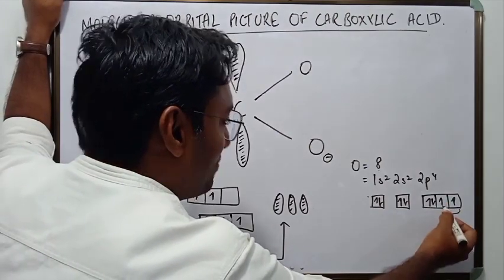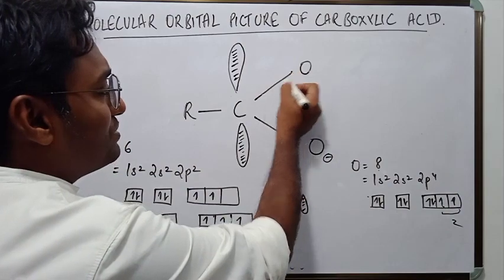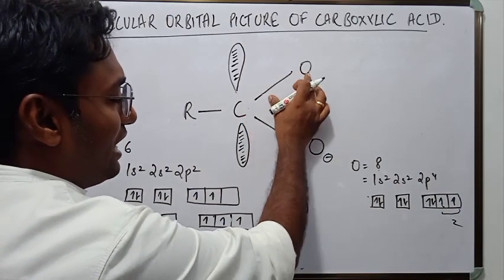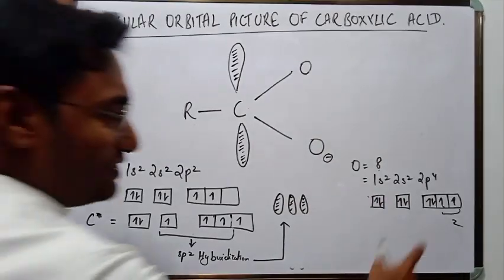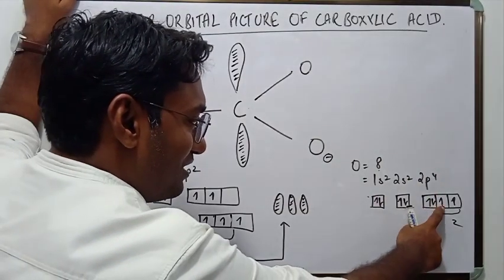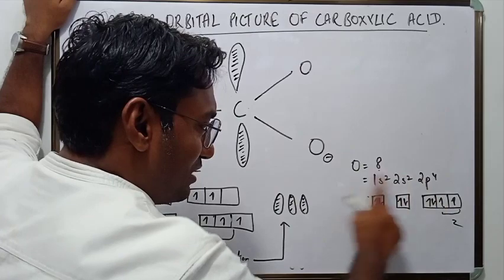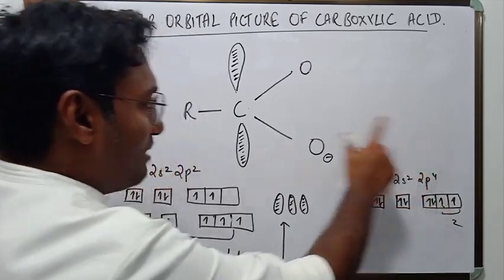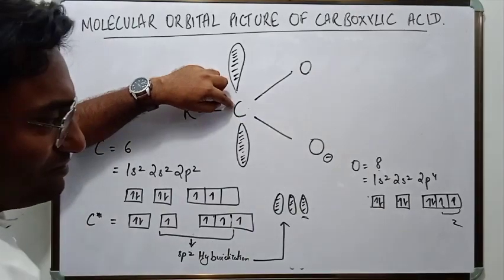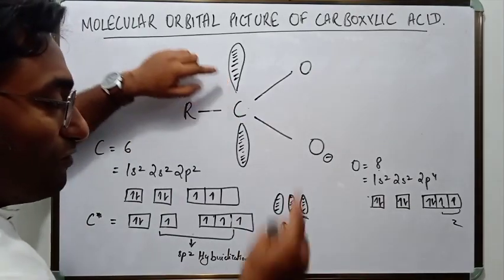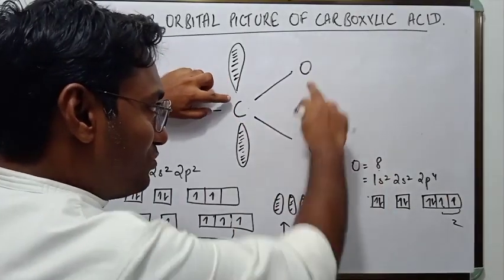One of these orbitals of the first oxygen overlaps with an sp2 hybrid orbital of this carbon. For the other oxygen, there are two oxygens, right?